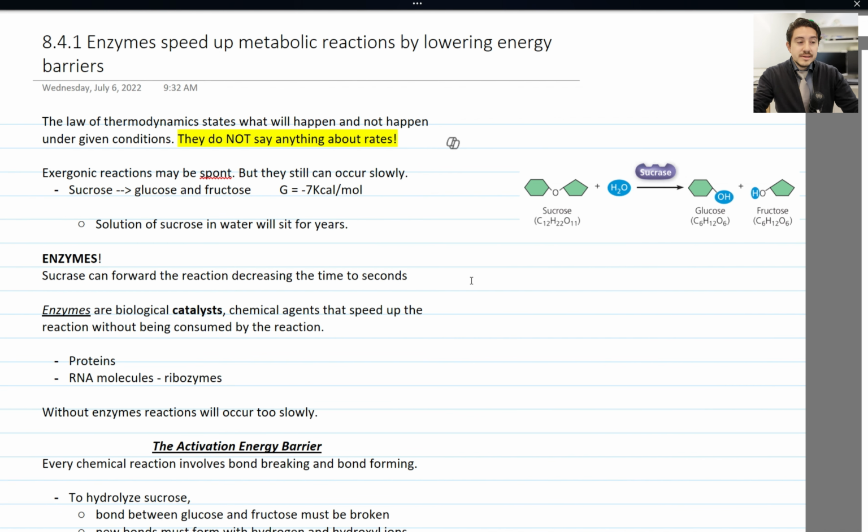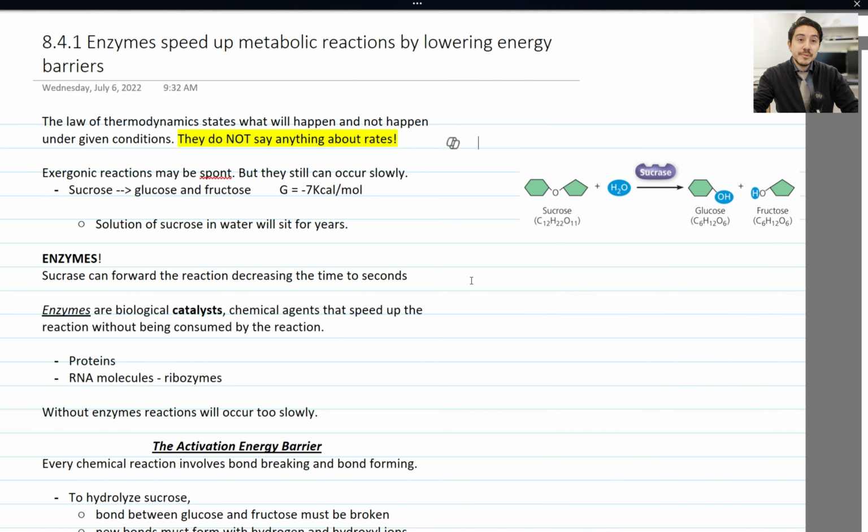So these laws of thermodynamics could give us an idea what type of reactions will proceed easily, but it doesn't tell us how fast that spontaneous reaction will occur, right? So this adds a layer of complexity with metabolic reactions.